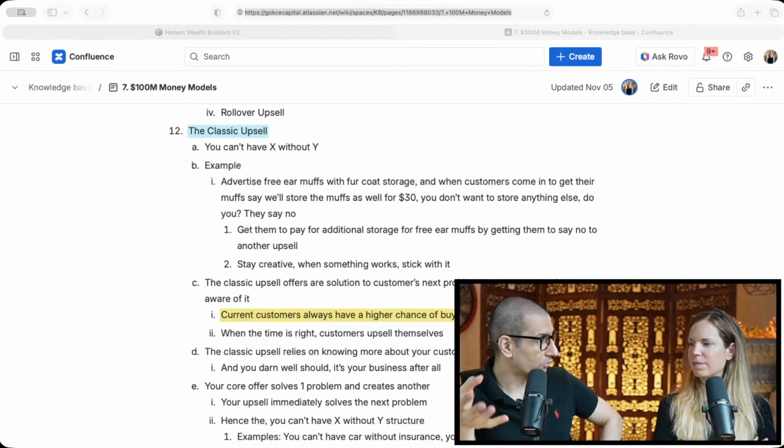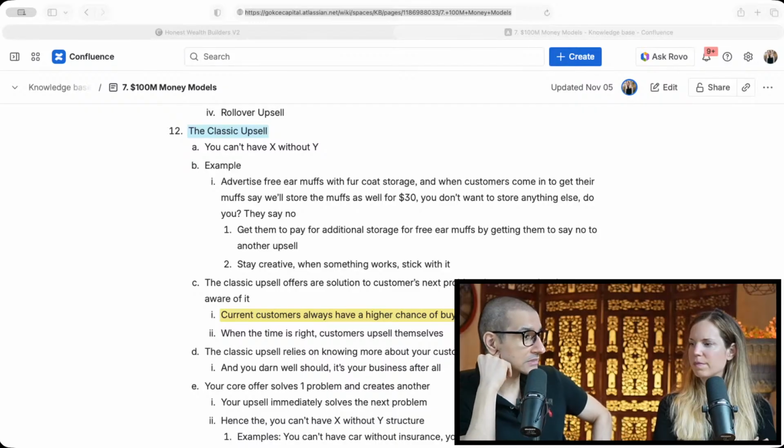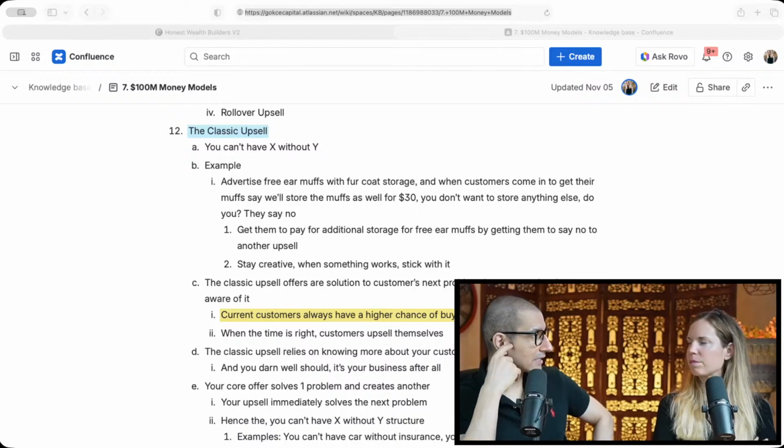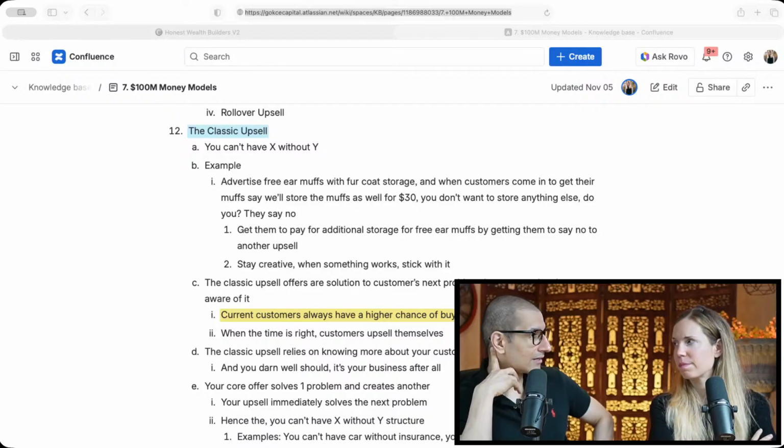Only they can solve that problem easily. So we need to think of upsells that only we can solve, easily and without much heavy lifting. Because you're already there. You already ordered the burger. All you have to do is give them fries and apple pie, which is going to take 30 seconds to make. So let's think of upsells that we can easily solve, but that are high value for the customers.